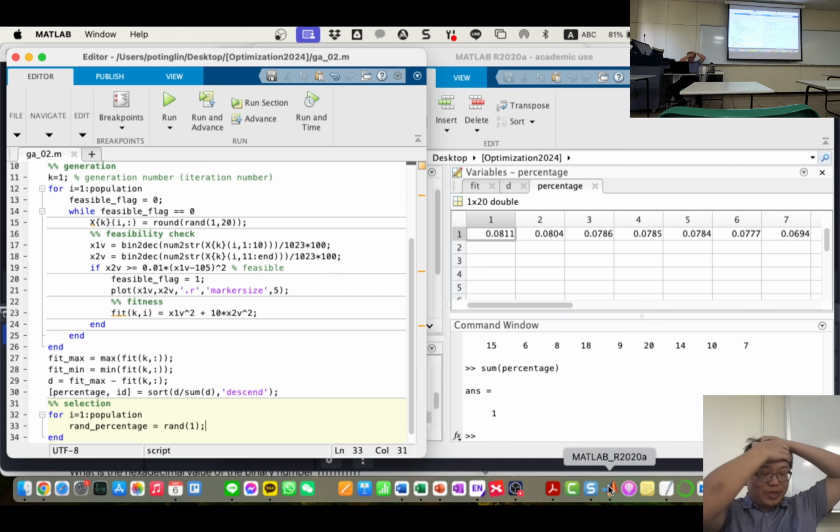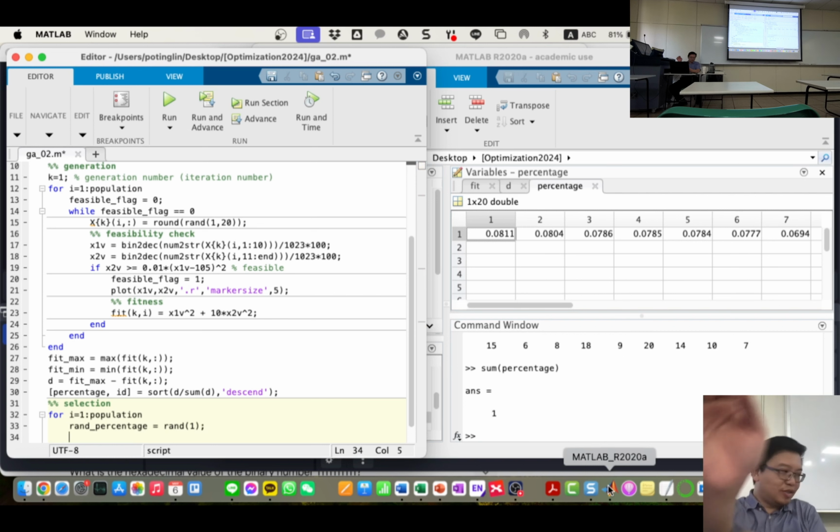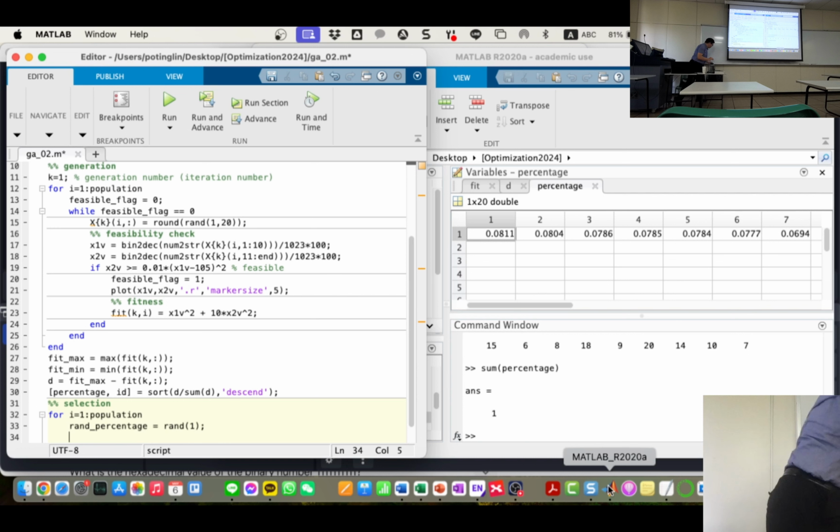Okay. So if I randomly generate, for example, the number 0.8, it's going to be a bunch of values being accumulated.